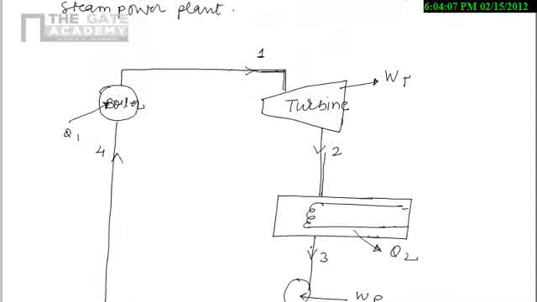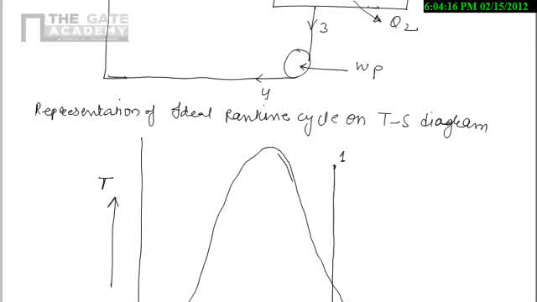And now if you see the 2 to 3 process, what is happening here means the steam is converted into water. So if you see, this one is nothing but the saturated vapor, and this one is nothing but saturated water.